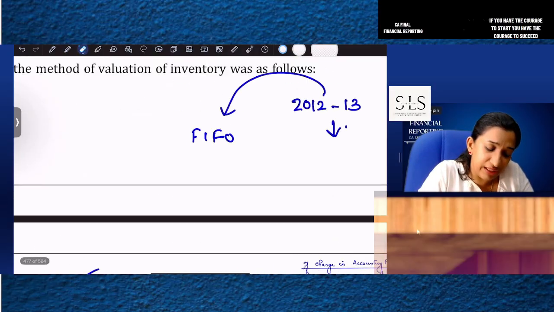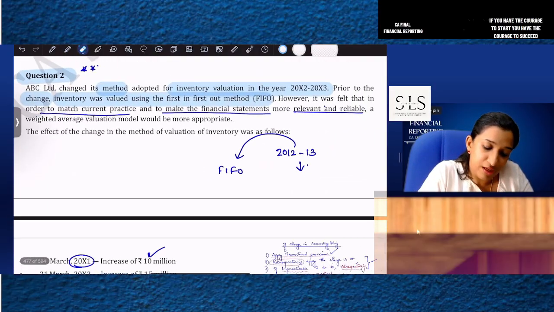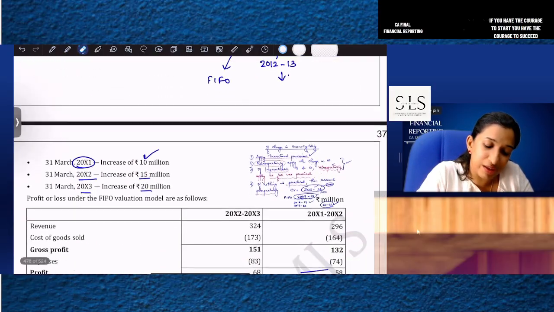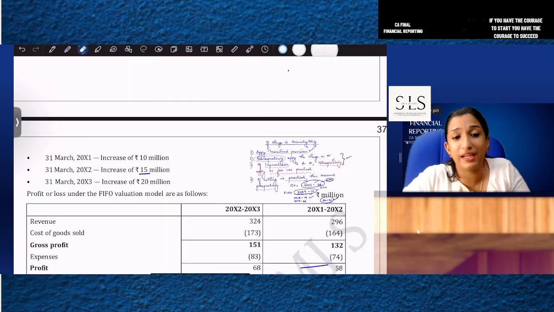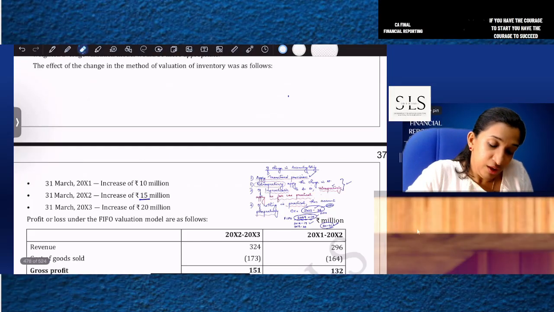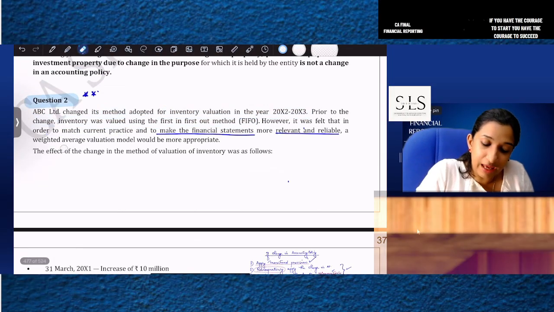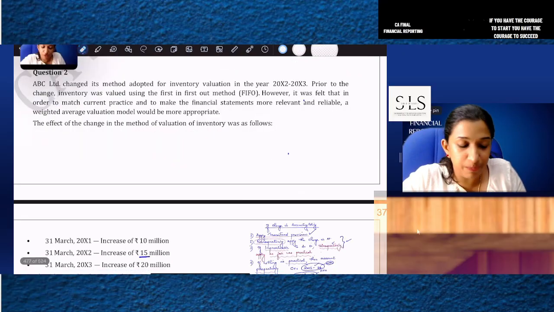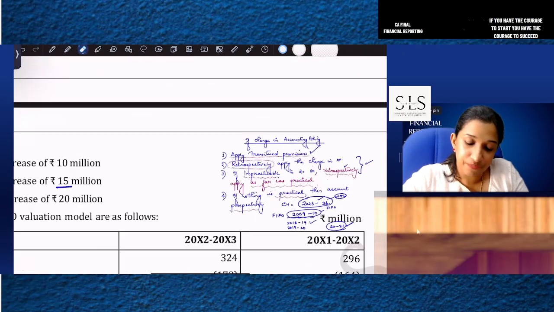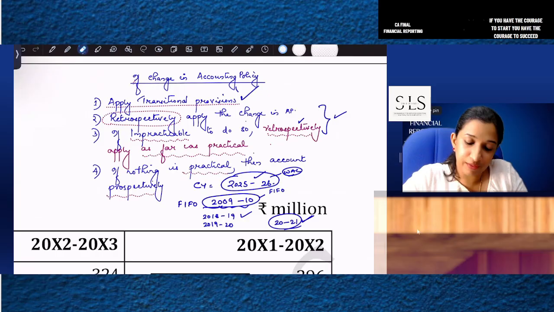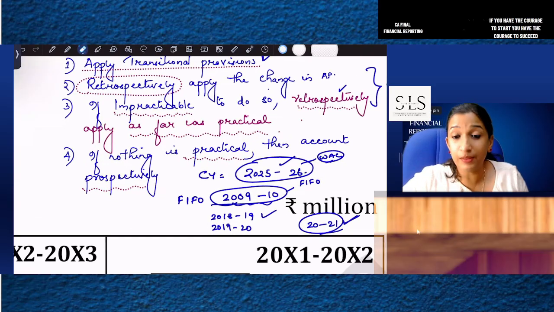So let's try this question number 2. Here we need to apply it retrospectively. So what is given? I hope this is clear.